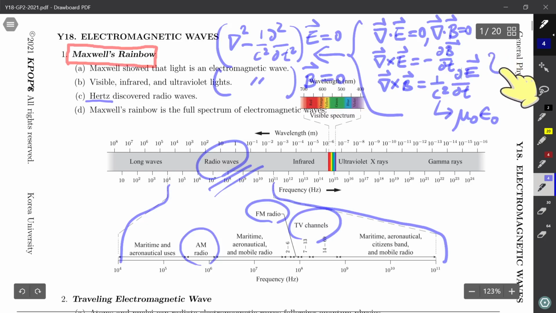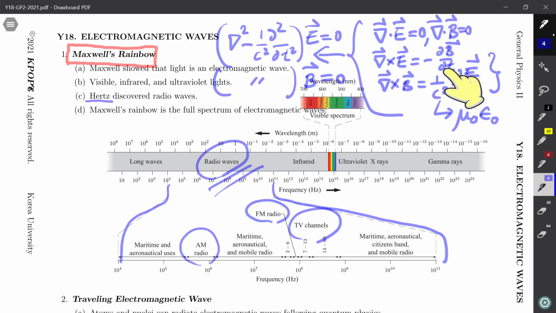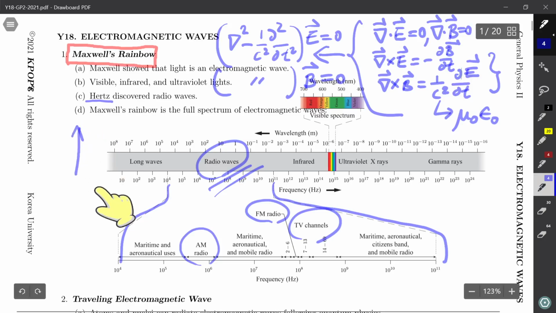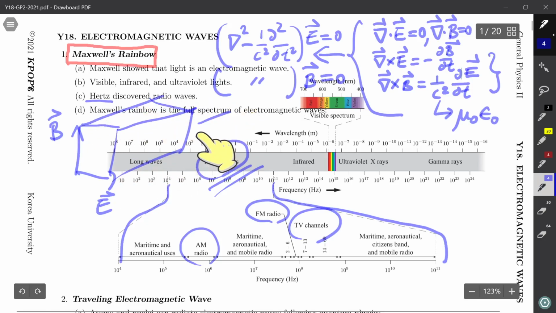And these two relations show that electric field and magnetic field are orthogonal. We shall find that electric field, magnetic field, they propagate along a certain direction.